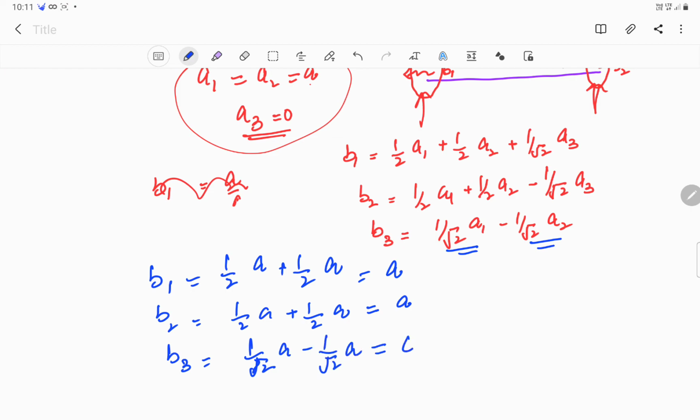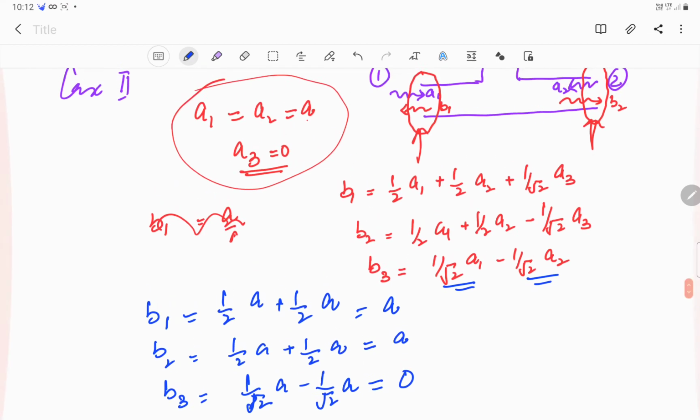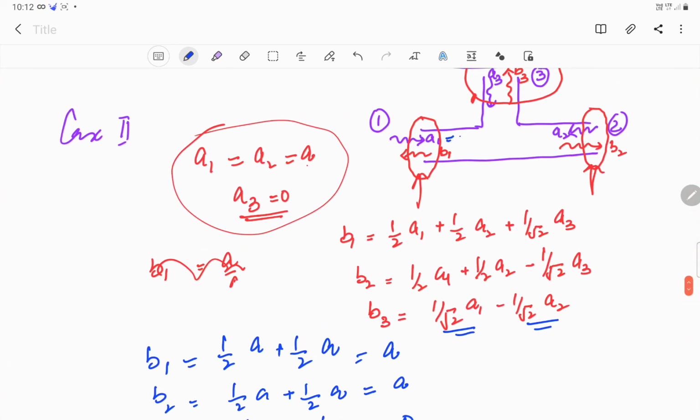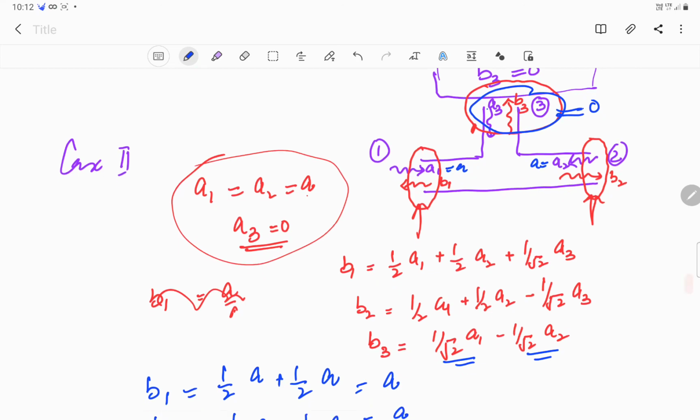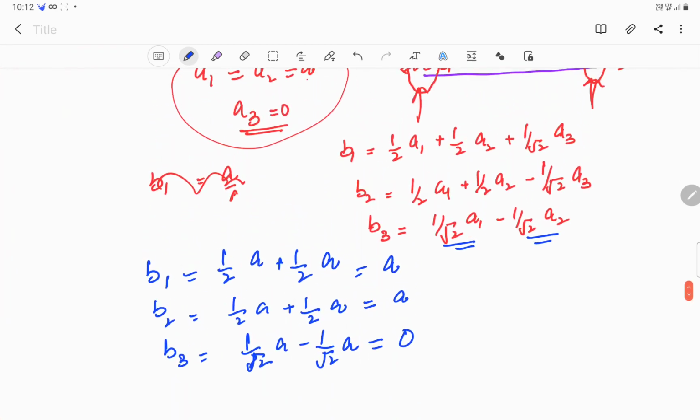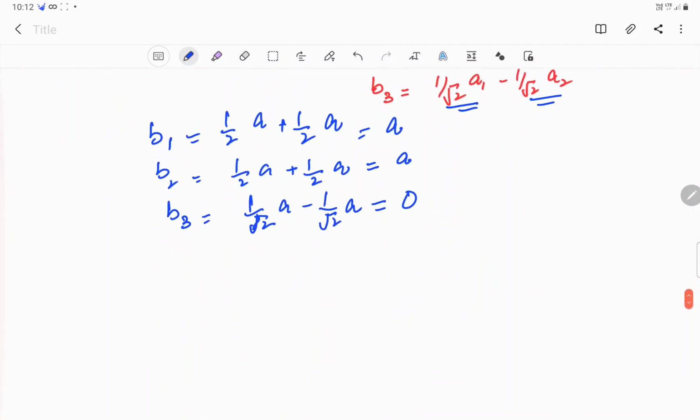So that's 0. That means if we are feeding two equal signals, A1 is A, A2 is A, at ports 1 and 2, we don't obtain anything at port 3. Power received at port 3 would be 0 if we are connecting two equal sources, as discussed in this special case.